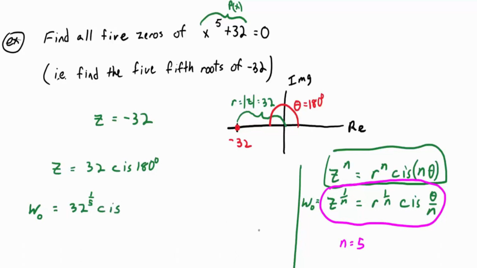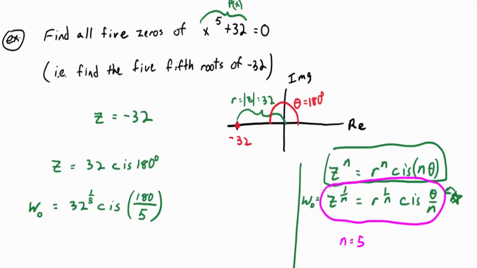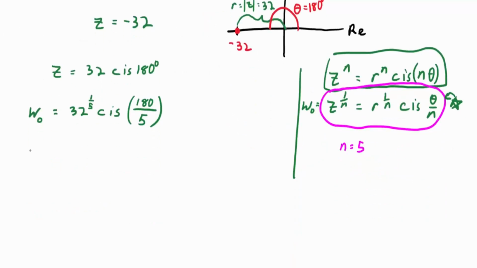Cis, what's the angle? 180 over 5. Does everybody see I'm just filling in this one and only formula you need to memorize, or derive from the original version of de Moivre's theorem? Does everybody see that's what I'm filling in? So let's simplify that. W naught is 2 cis, what's 180 divided by 5? 36.